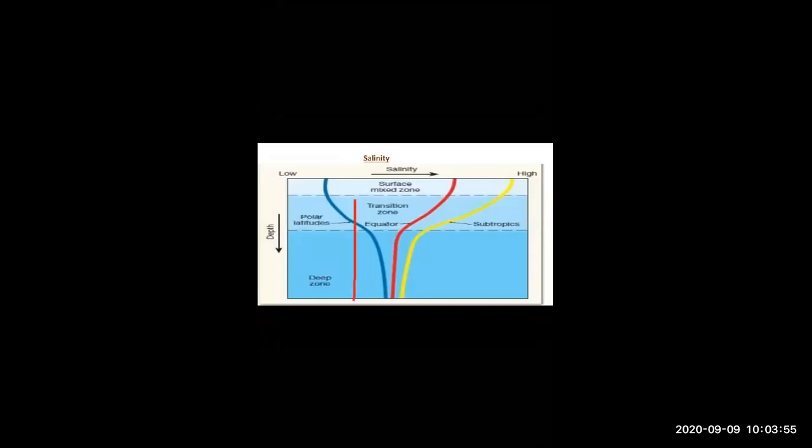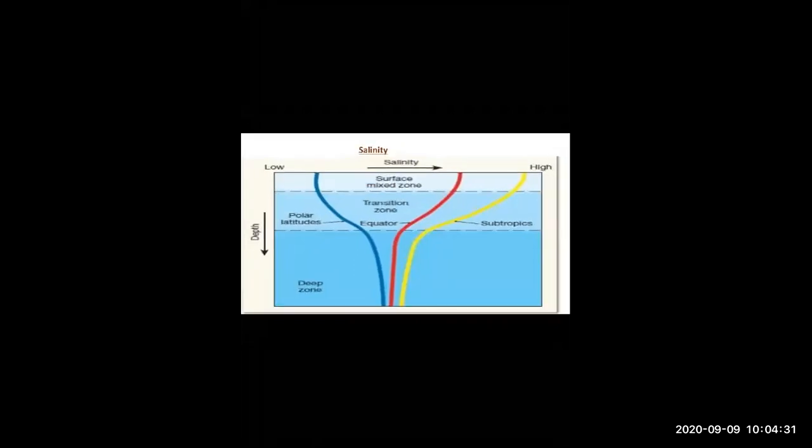In a sea where the rate of evaporation is higher, the salinity is also high. And whenever the supply of freshwater is more, the salinity is low. Again, I am explaining this part because I think you are not able to understand.